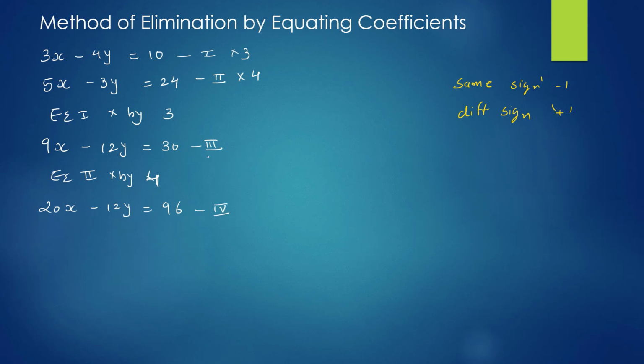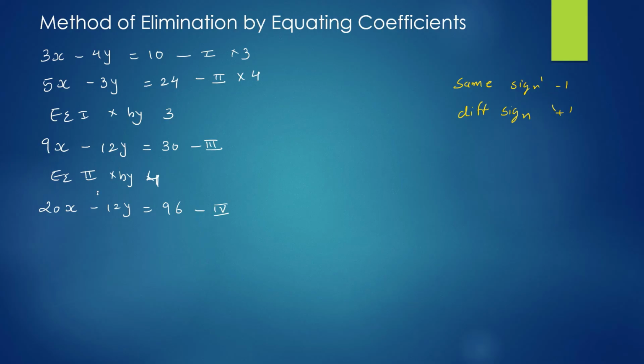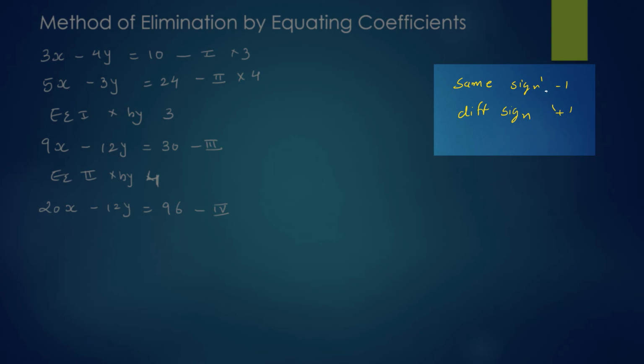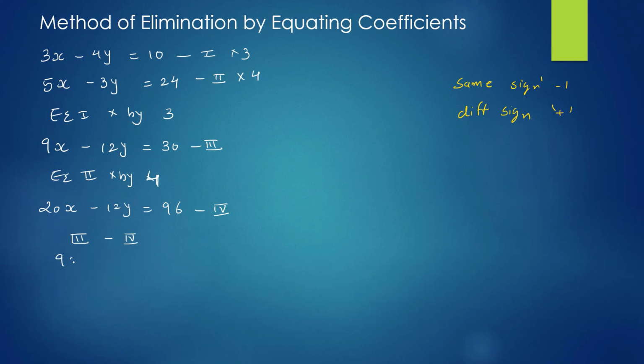Now if you observe, variable y is already equated and the signs are minus and minus for both equations. So what is the rule? If same sign, then we have to subtract. So equation 3 subtract from equation 4. Equation 3 is 9x minus 12y is equal to 30, and 20x minus 12y is equal to 96.